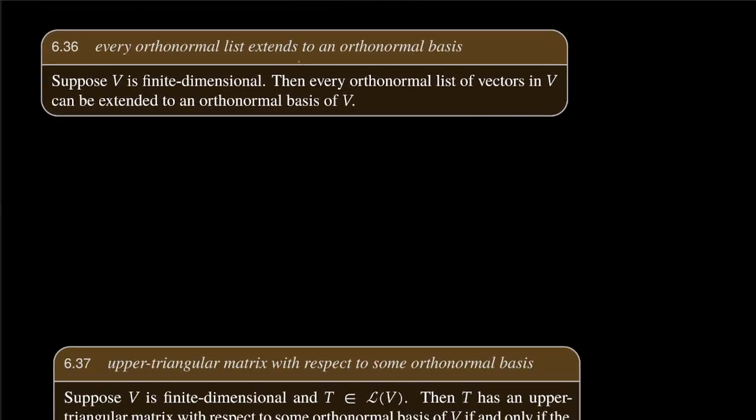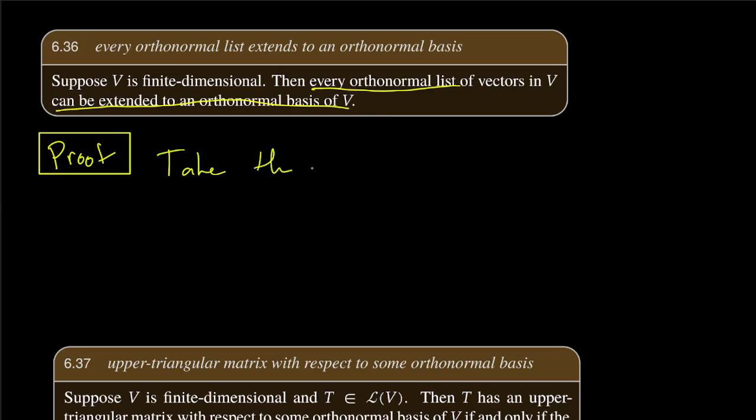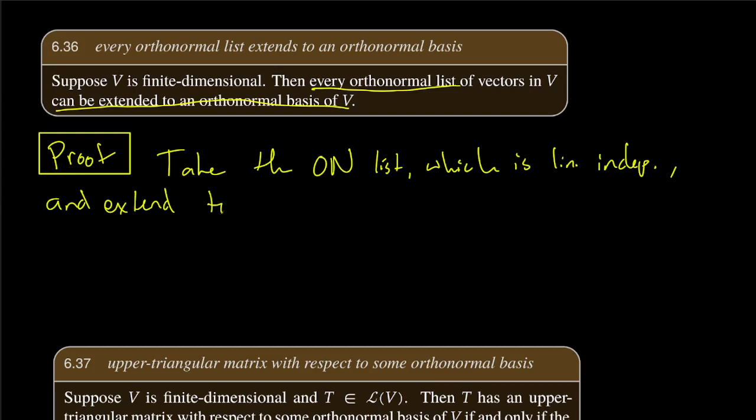All right, here's another one. Every orthonormal list extends to an orthonormal basis. So if you take a finite dimensional vector space, our claim is that every orthonormal list of vectors in V can be extended to an orthonormal basis of V. Take the orthonormal list, which is linearly independent. We showed that every orthonormal list is linearly independent, and extend to a basis.